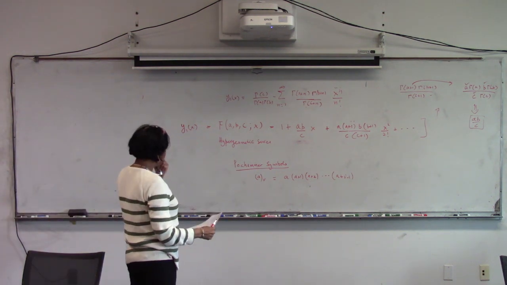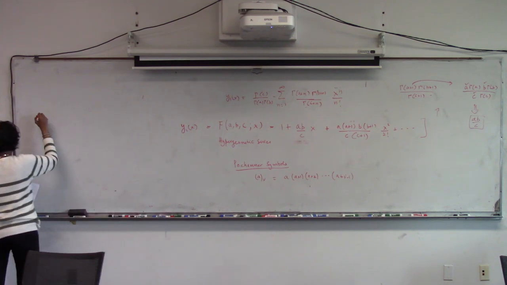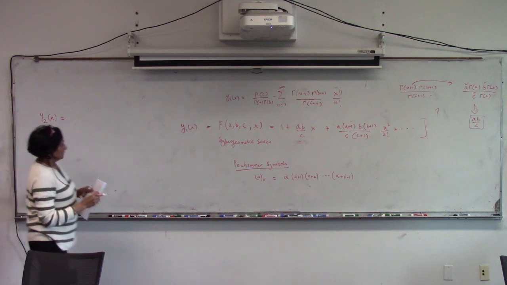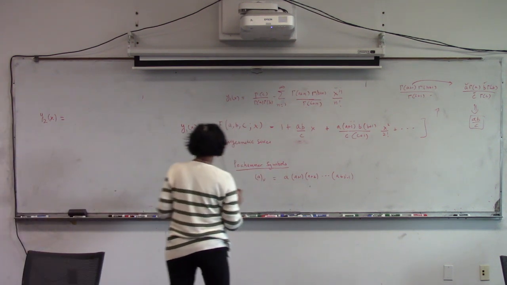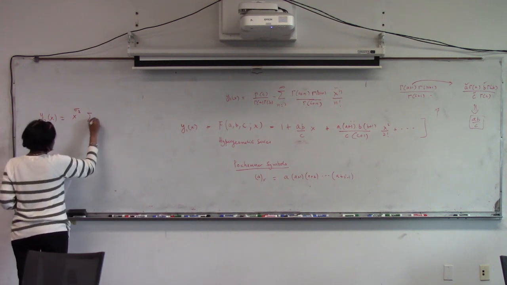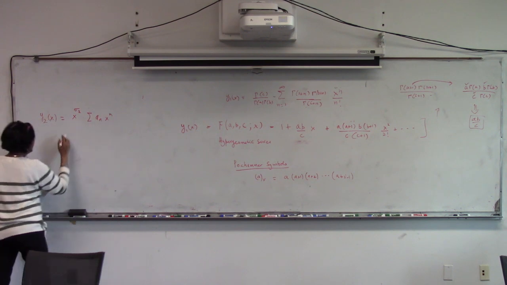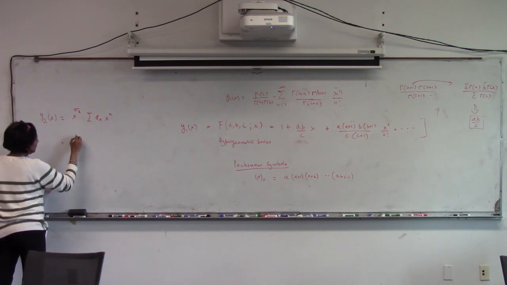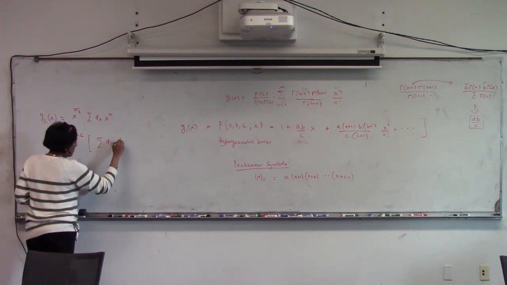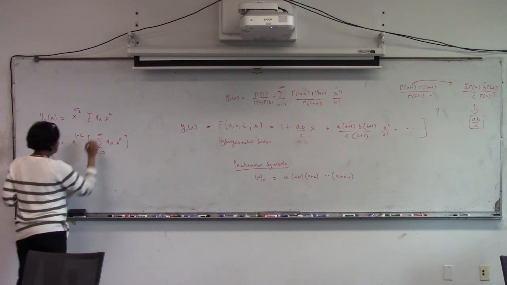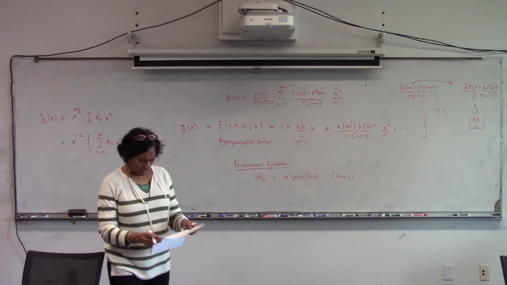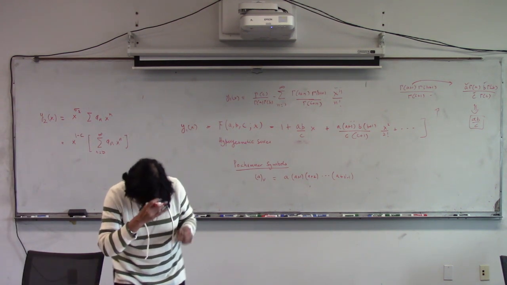All right. Now, what is y2 of x then? Oh, wait. Sigma 2 was 1 minus c, right? I need that recursion relation.